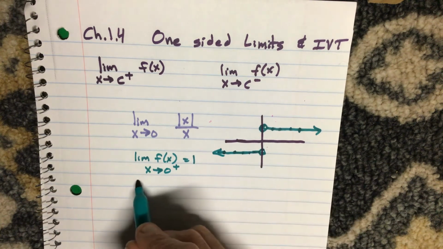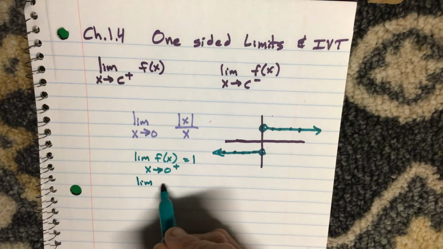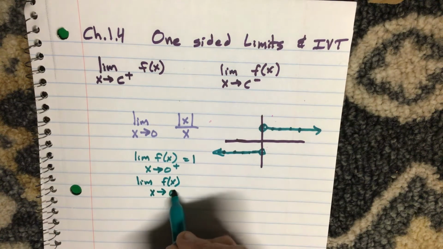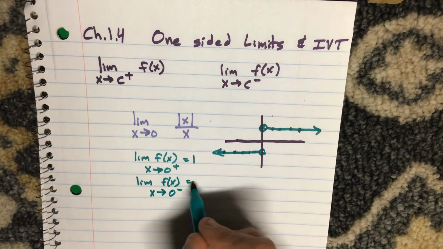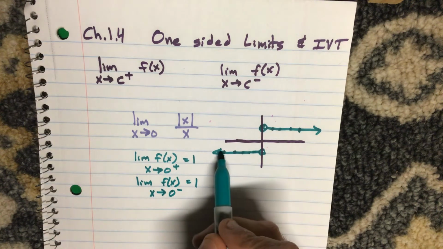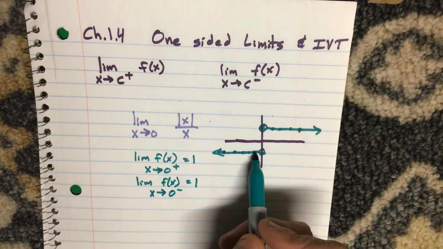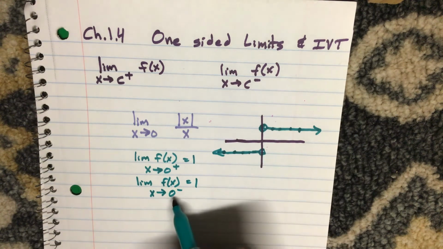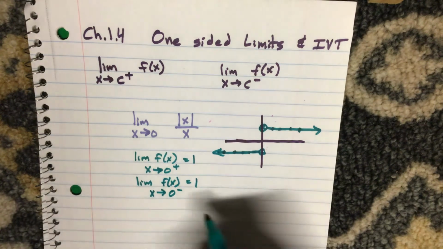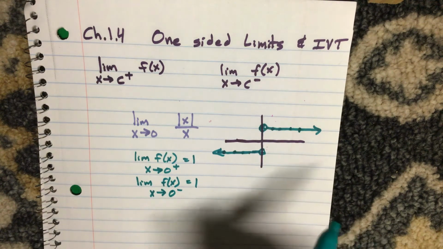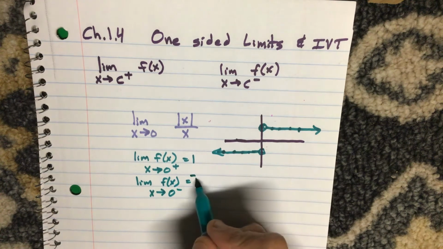So the limit of f of x as x approaches 0 from the left is equal to negative 1, because as we approach from the left, we constantly get negative 1, and we're getting closer and closer to the y value being negative 1 as we get to 0, but it never actually gets there because it's undefined at 0. So the answer is negative 1.